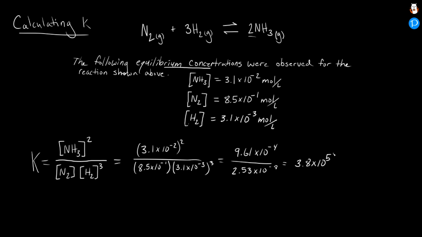And that would be my K value for this reaction. Now K values, you're going to notice, are going to be unitless numbers. So it's not going to be molarity or anything like that. K values are unitless, and so that would be my final answer for that one.